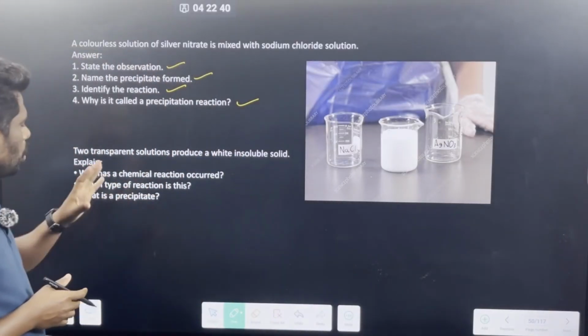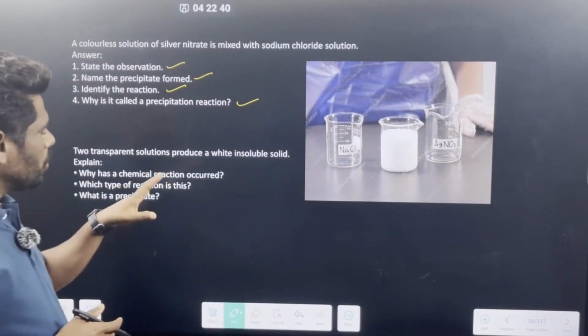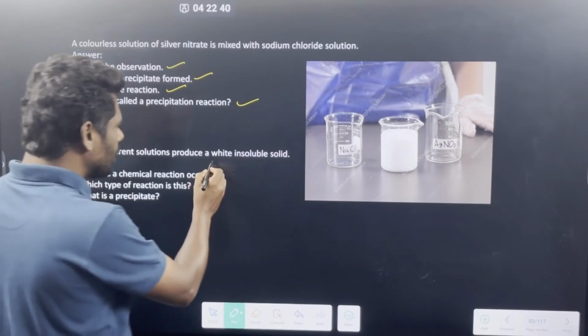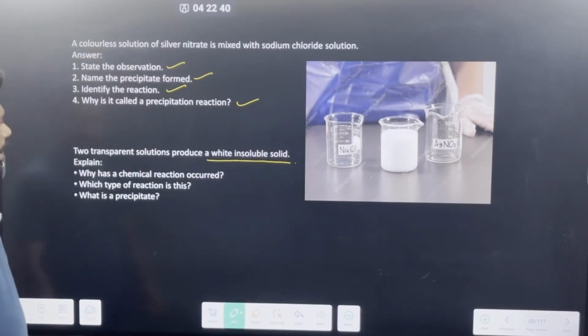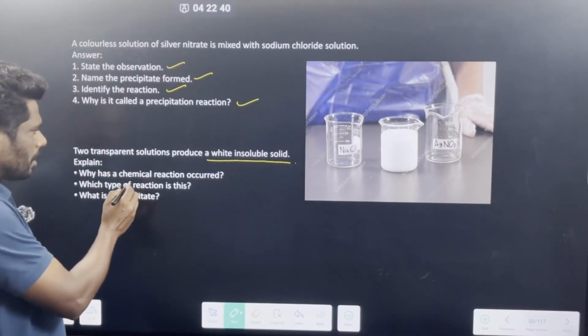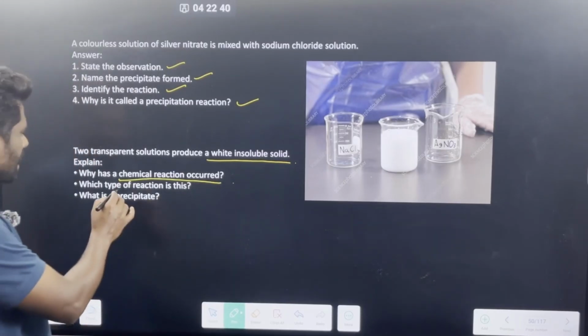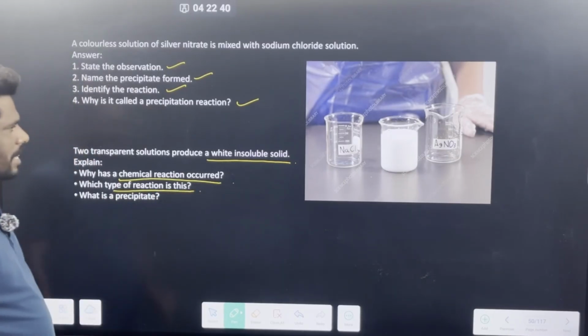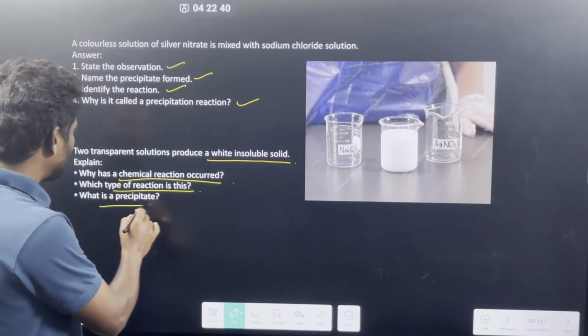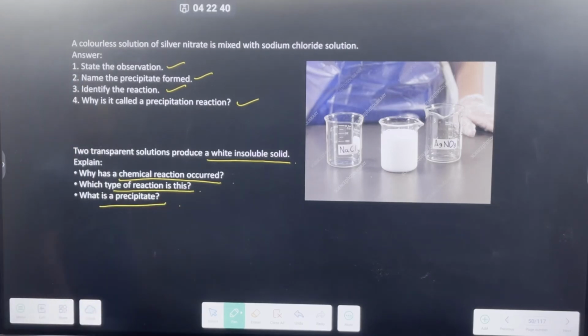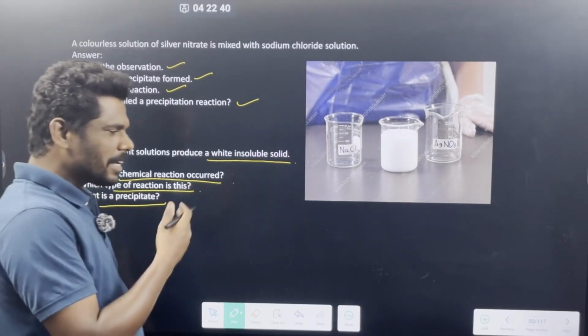Another question. Two transparent solutions produce a white insoluble solid. Explain why has a chemical reaction occurred? Which type of reaction is this? What is a precipitate? So it is a generalized question.